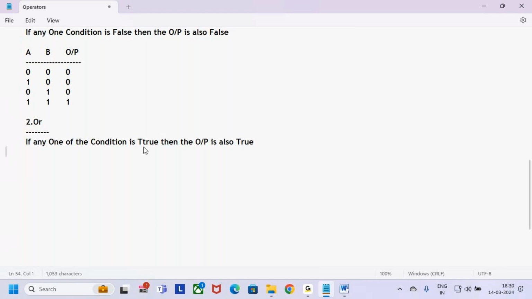So in the OR operator, when the output is true, if any one condition is true, then we'll get the output as true.